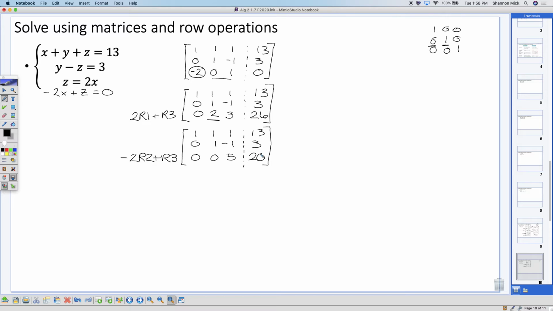The only time I would not do that is if I had a number that wasn't divisible by 5. I would move on and then come back and do it at the very end.